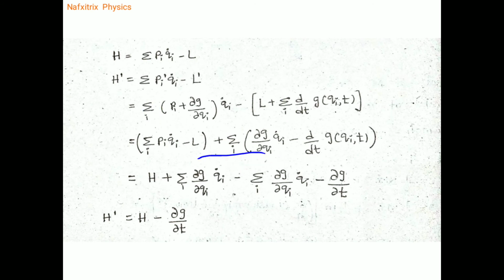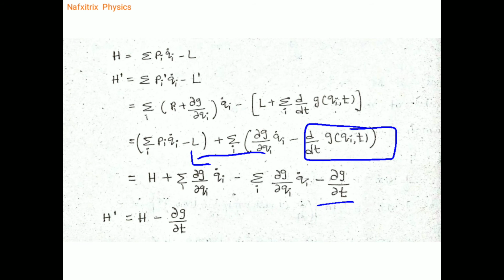So this is ∂g/∂qi dot, with the summation, and the term we have already expanded: differentiating g with respect to qi and then with respect to t. We have seen this at the start: ∂g/∂qi into qi dot, plus ∂g/∂t.